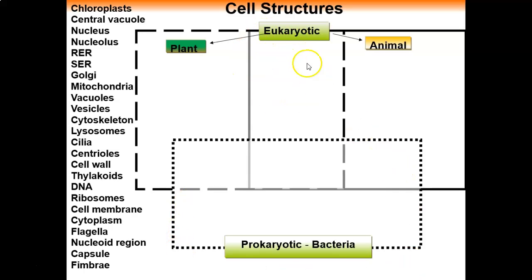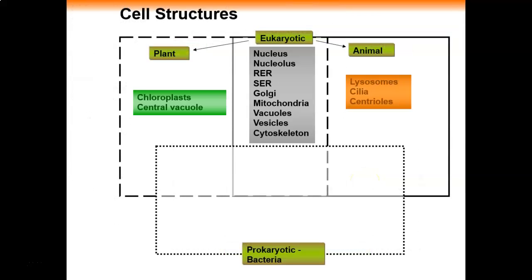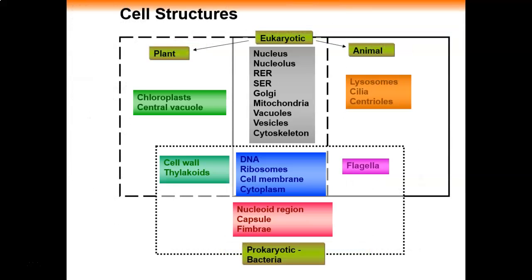Things that are just animals and plants, you put here. Things that are all of those different forms of life go here. Things that are just prokaryotes go here. Things that are plants and bacteria go here, etc. You should be able to fill out and know where all these different structures are.